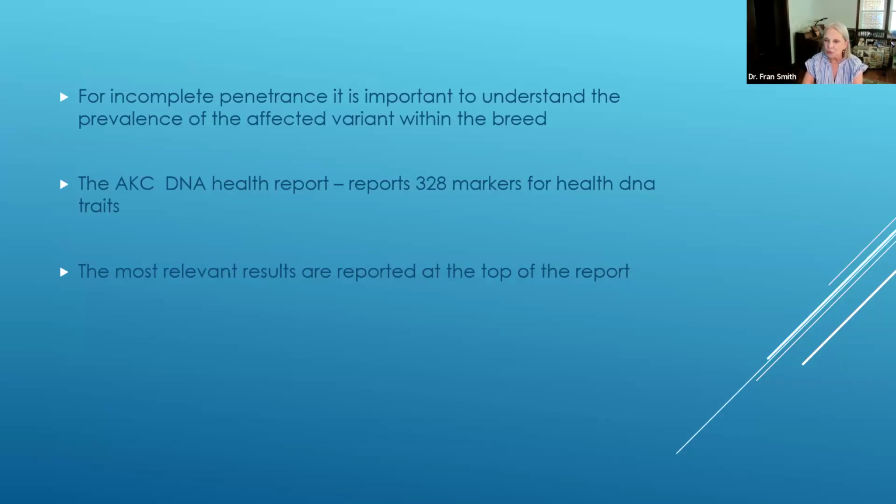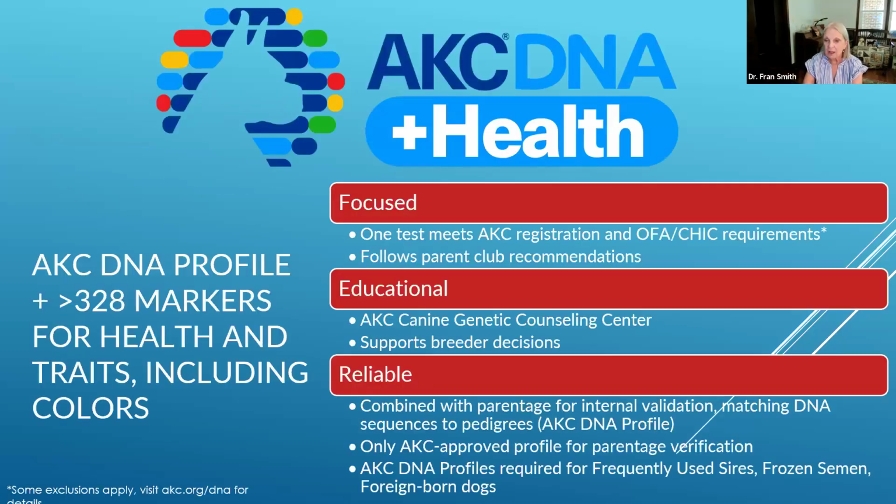It is extremely rare for an elderly Chesapeake to end up with rear end paralysis that could be caused by DM. In the AKC DNA health report, they report 328 markers for health DNA traits, and they put the most relevant at the top. So here's some information about AKC DNA health.